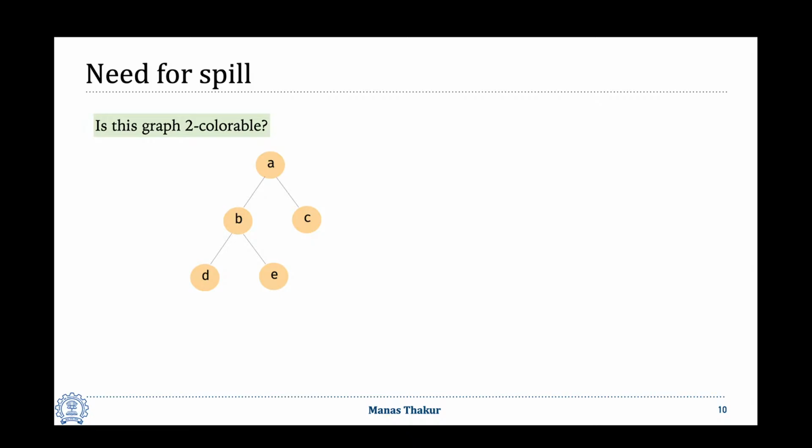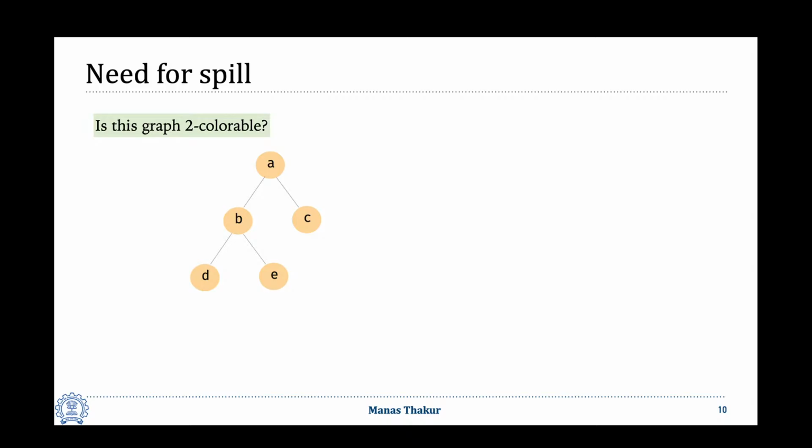So let's see, we'll just work out one example. Let's say I have A, B, C, D, E, and now my algorithm says, remove the one that you are sure about. So which of these has degree less than 2? C, E, D. So let me choose any of them and remove it.